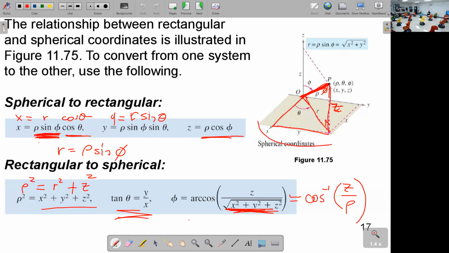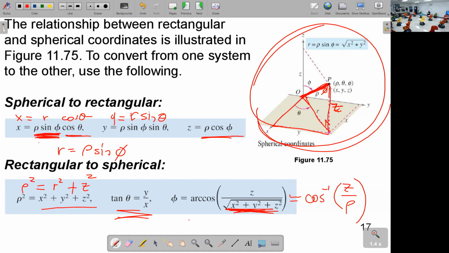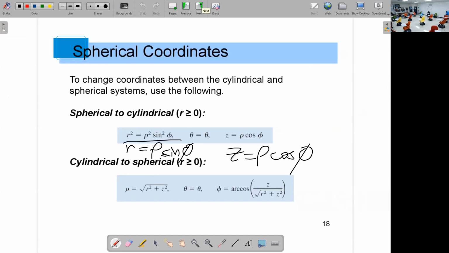My claim is that if I provide this sketch, you should be able to come up with all the conversions. I don't really like memorizing a whole set of formulas. If you can reproduce that sketch, you should be able to come up with each of these conversions by looking at the appropriate right triangle.